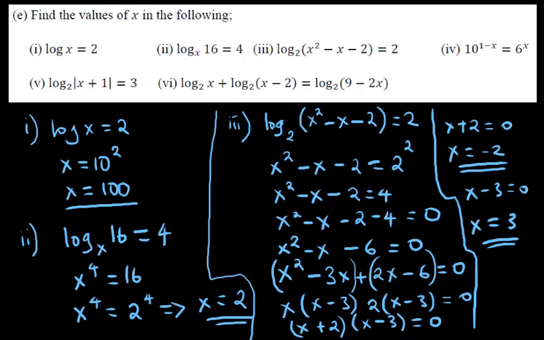We move on to question 4. Question 4 states that 10 raised to the power 1 minus x is equal to 6 raised to the power x. How can we solve this? We can introduce logs on both sides.